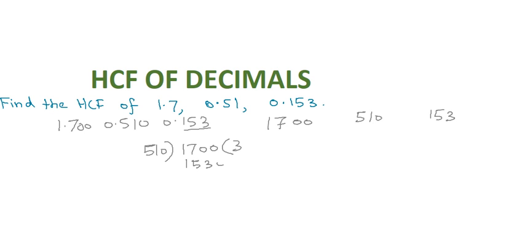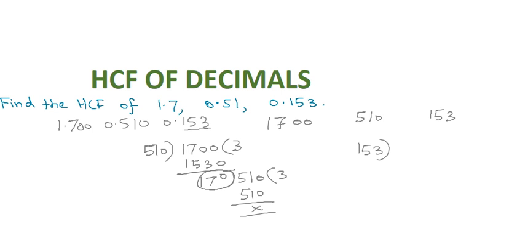So we have 1530, then 170, now 510. So again by 3 we have 510. Now we will use this number, that is 170, and divide 170 by 153.